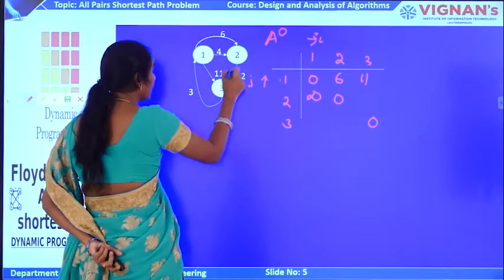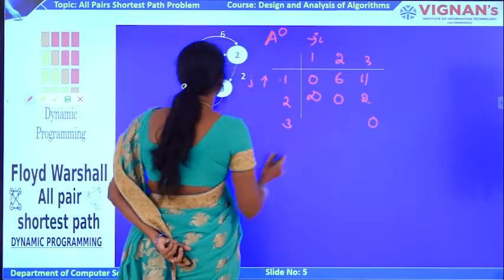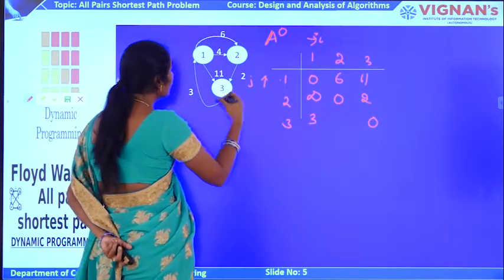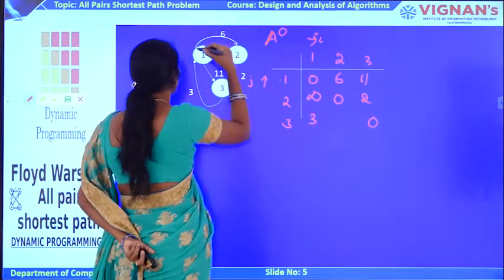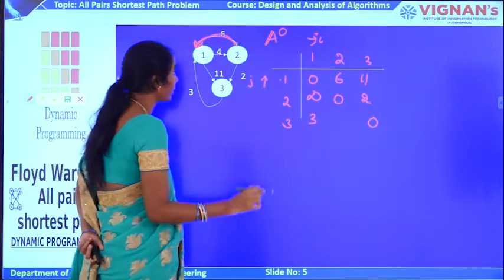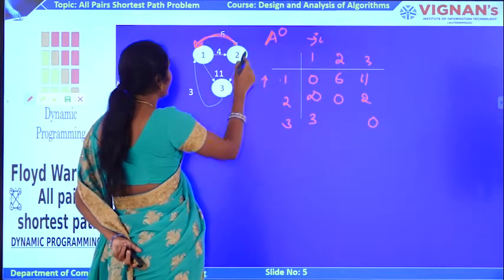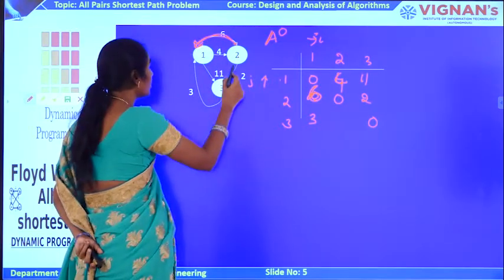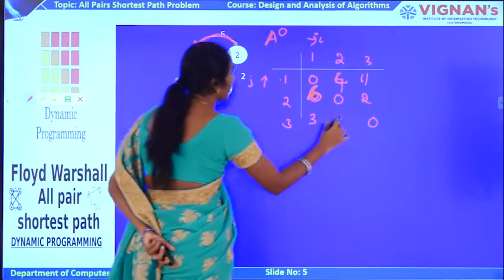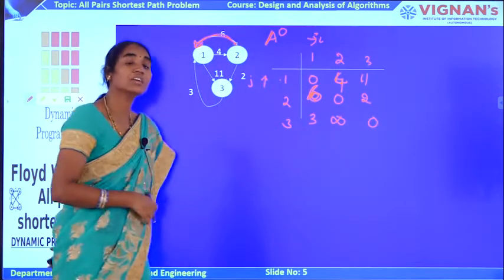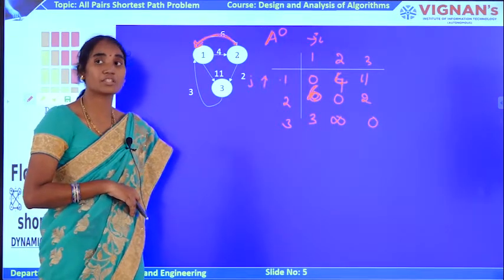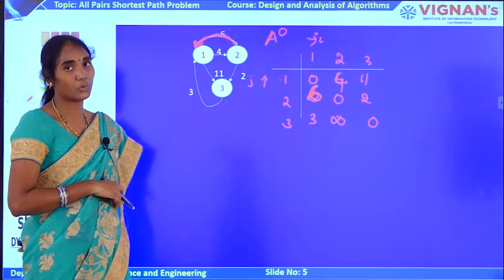Now 2 to 3, yes, it is 2. 3 to 1 is 3, and 3 to 2, small mistake here, the graph is like this. So 1 to 2 is 4 and 2 to 1 is 6. Now 3 to 1 is 3 and 3 to 2 is infinity, as we do not have any distance from 3 to 2. So this is how we measure the cost adjacency matrix, which is A^0 initially.